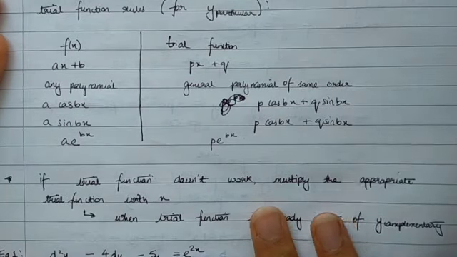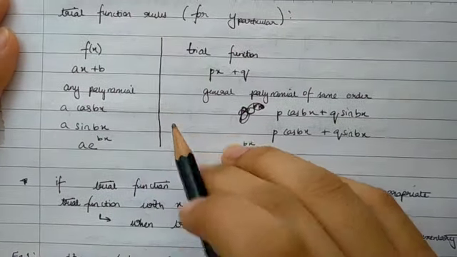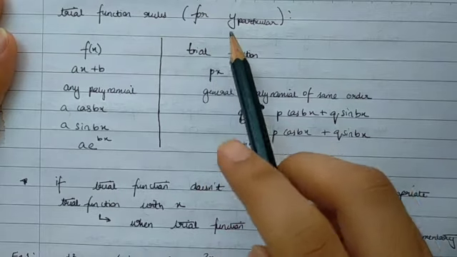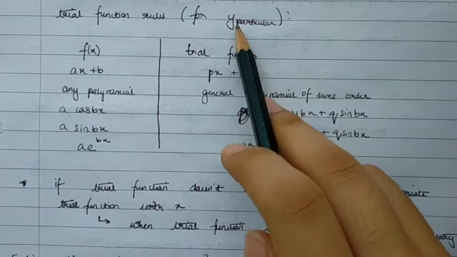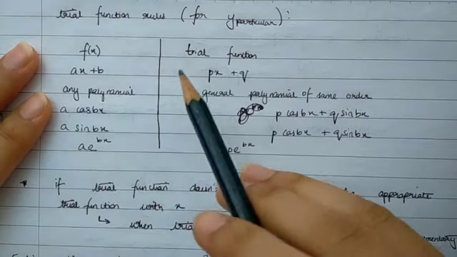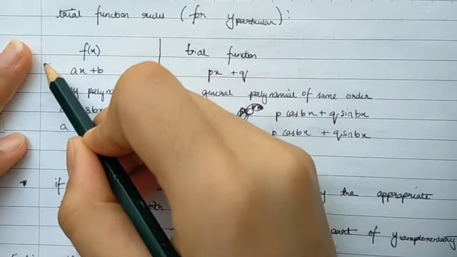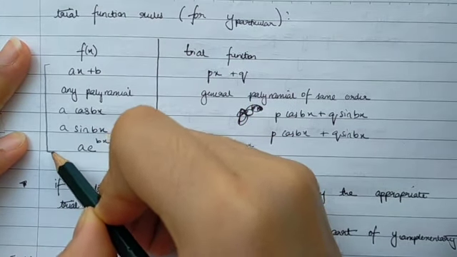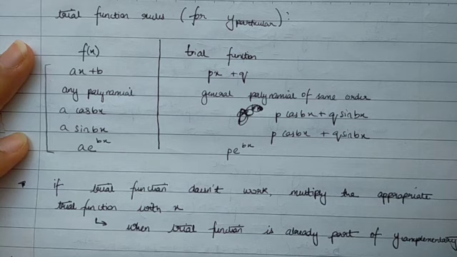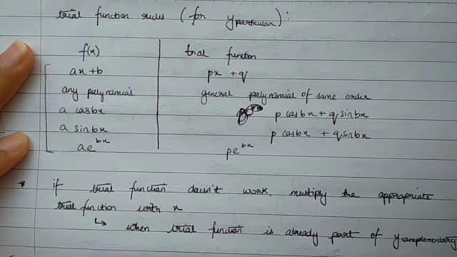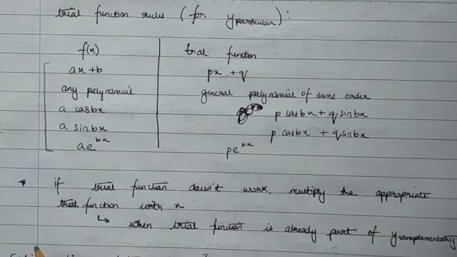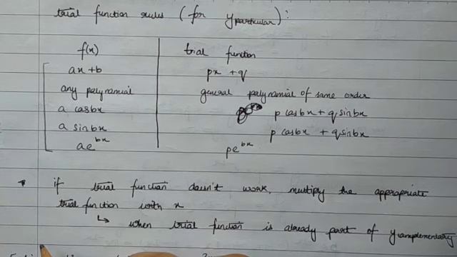Similar to the example we looked at before, we have to use a trial function for the y particular. The trial function that we use is limited to these functions because this is all you get in your exams. These are all the questions they can ask, but of course the trial function is just a general form of what you have on the right hand side of your differential equation.